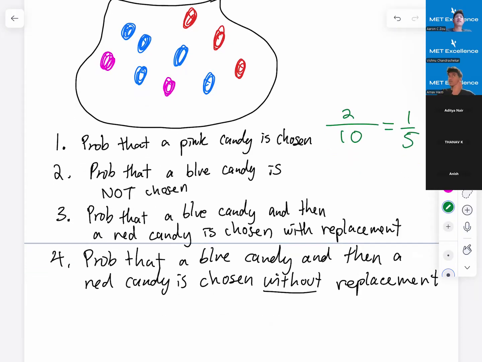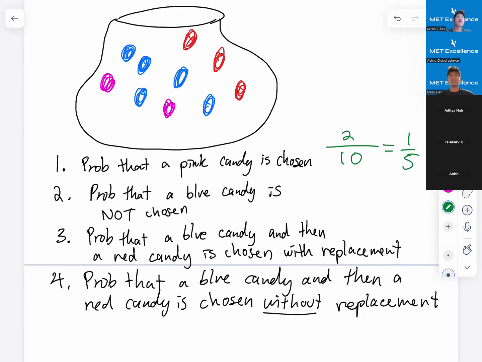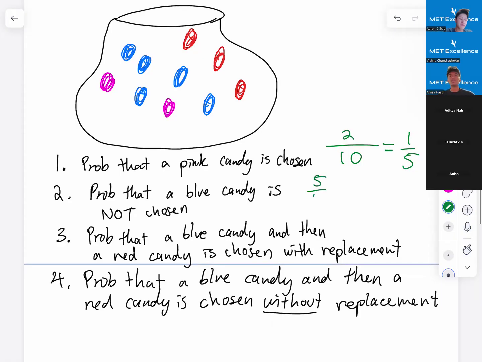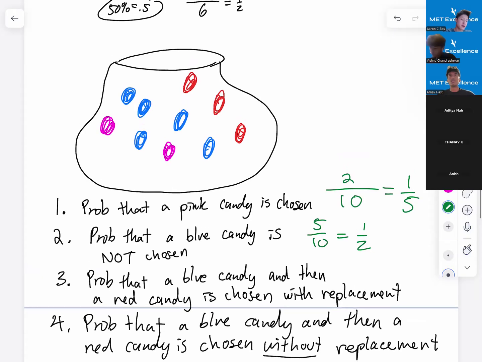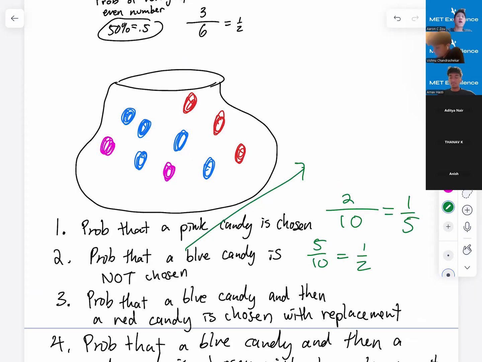For question two, the probability that a blue candy is not chosen. That means we'll just count all the candies that are not blue for our numerator. So we have 5 candies that are not blue. So the answer is 1/2. Another way to do this, which is really important, is called complementary counting or complementary probability.